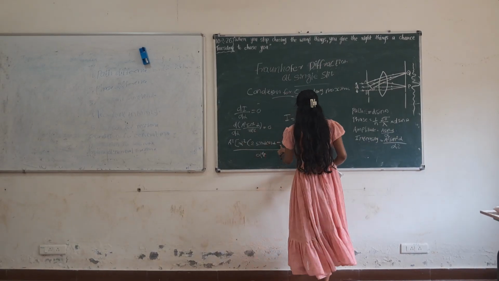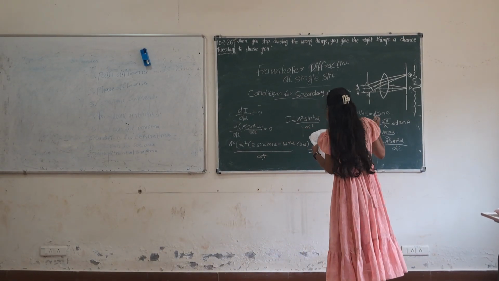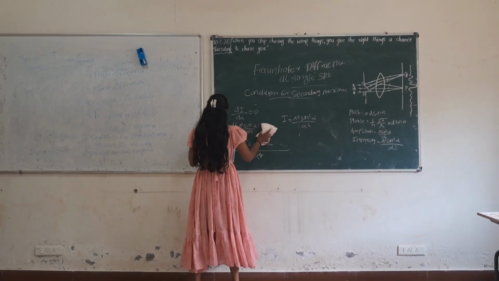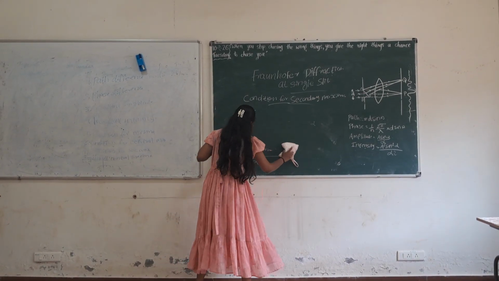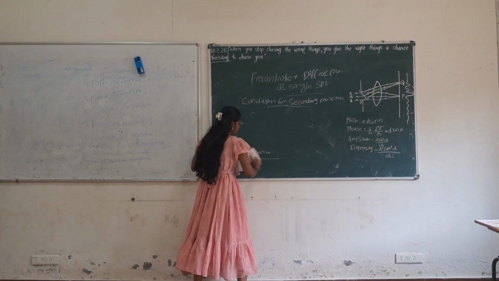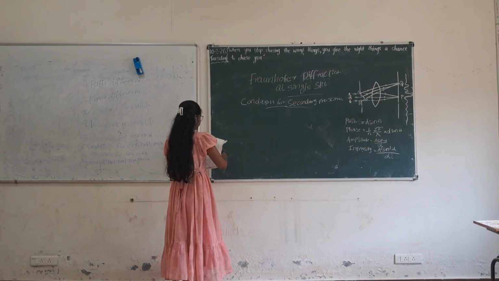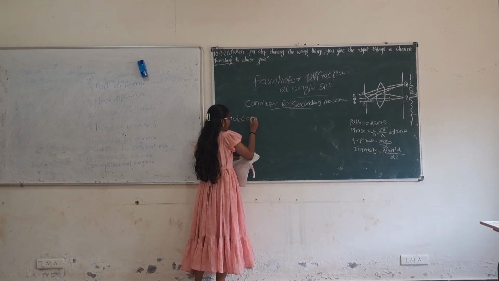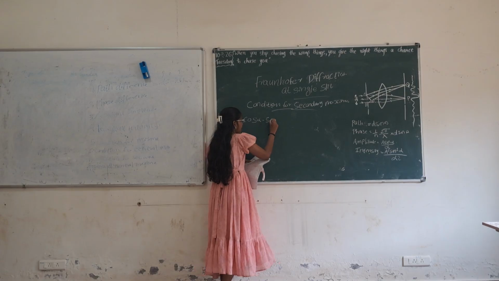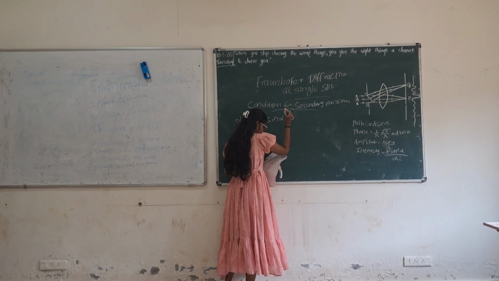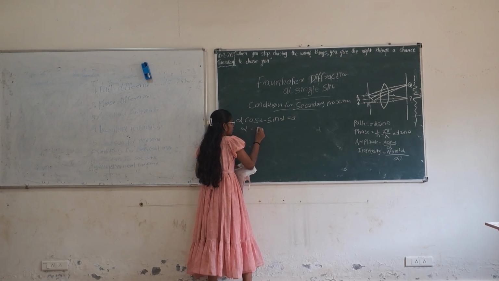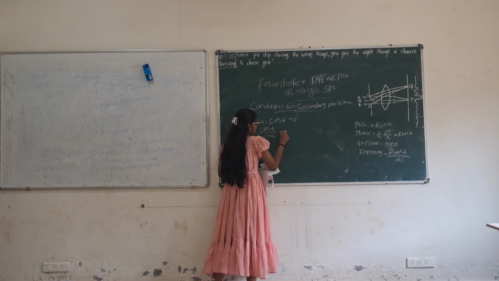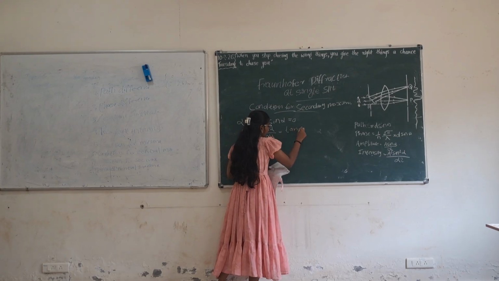So the only possibility of making this equal to 0 is alpha cos alpha minus sin alpha is equal to 0. So alpha is equal to sin alpha by cos alpha, which is equal to tan alpha.